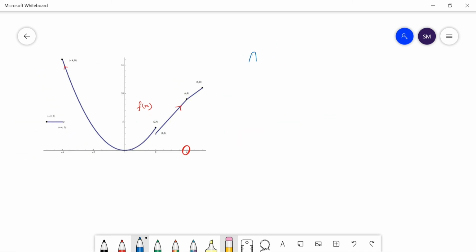Next is at x equal to 5. At x equal to 5, you see here you have only the left hand side. So you will have limit x tends to 5 minus f of x, which is going to 11. So this is equal to 11.